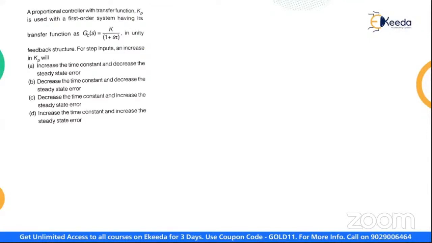Now, only the last two questions remain. A proportional controller with transfer function Kp is used with a first order system having transfer function K upon 1 plus s tau in unity feedback. For step inputs, an increase in Kp will do what? So let us see.